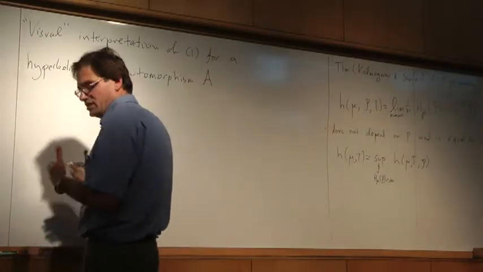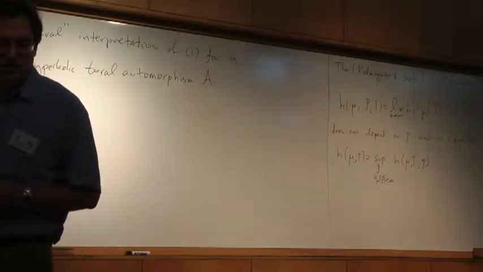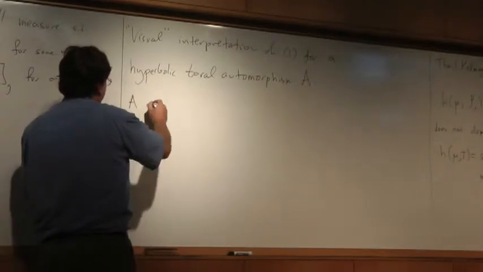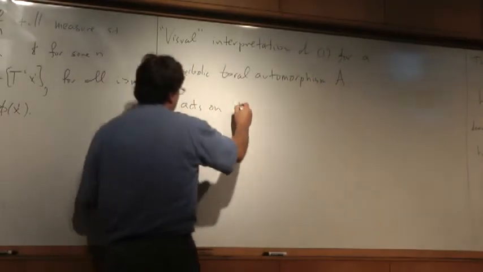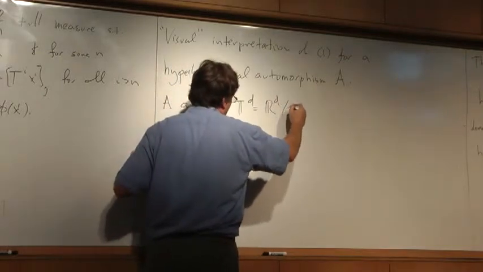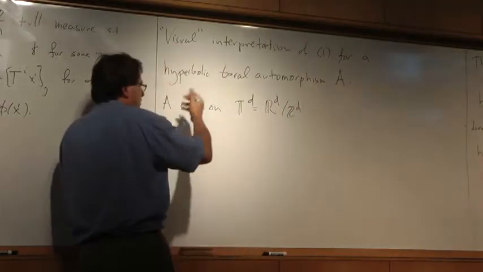So A is some integer matrix, right? A acts on T^d, which is R^d modulo Z^d, and then what does hyperbolic mean?